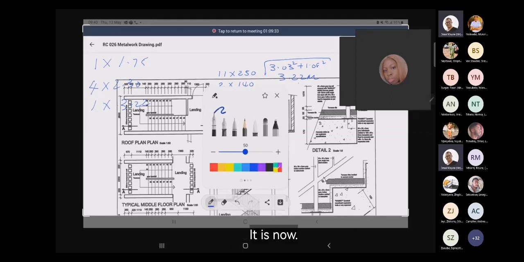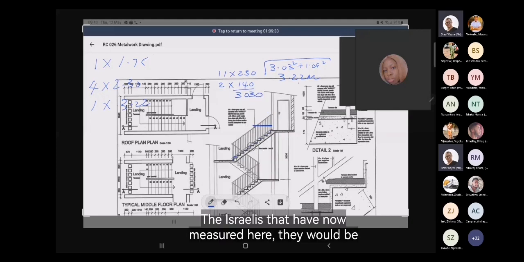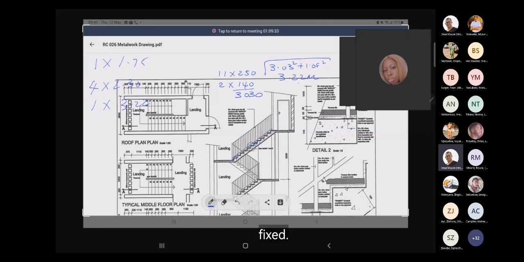Okay. But as it stands, as what I have measured here, if I draw each one of those, these railings that I've now measured here, they would be fixed into the staircase. They would be fixed to one another.